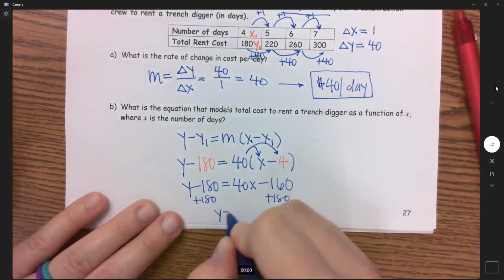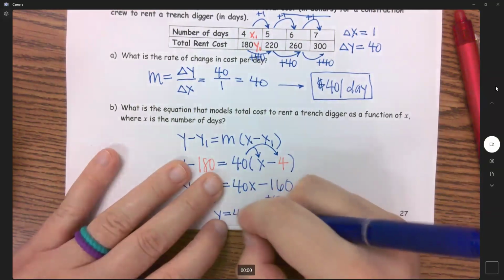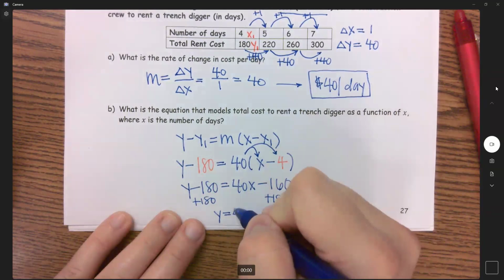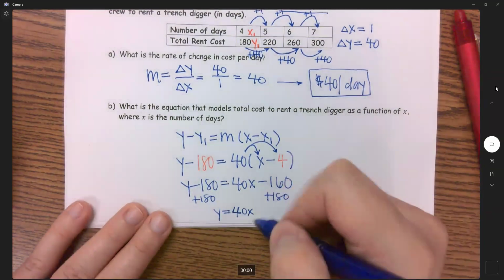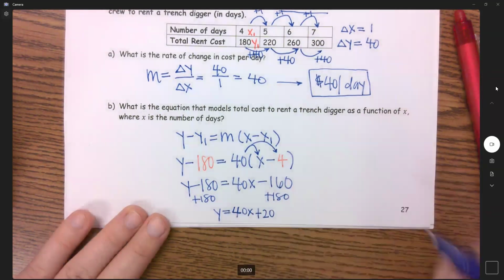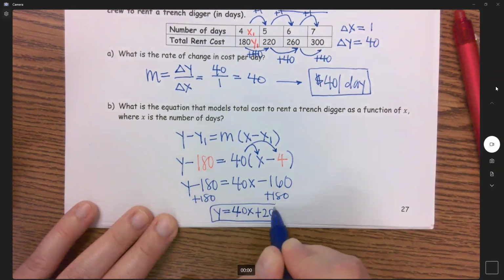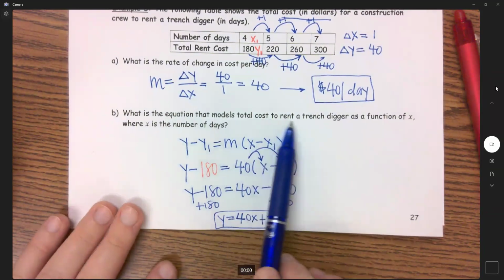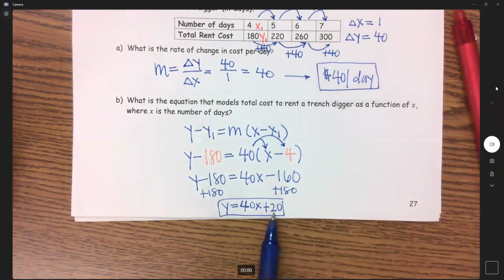And so we get y equals 40x plus 20. Negative 160 plus 180 is 20. So this is my equation that models the total cost for the trench digger as a function of x, where x is in the number of days. So it costs $20 just simply to rent it. And then we will be charged $40 for every day.